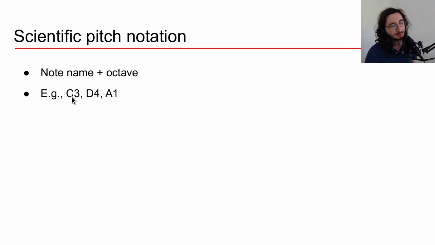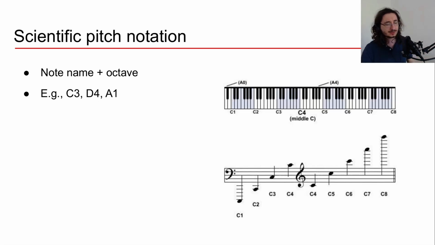So for example, here we could say that this note is C3, so it's C in the third octave, then we have D4, A1. But now you may be wondering, what are these octaves and how do we recognize them? Well, it's quite straightforward. Here you can see a piano keyboard, and it's mapped onto all these different notes.